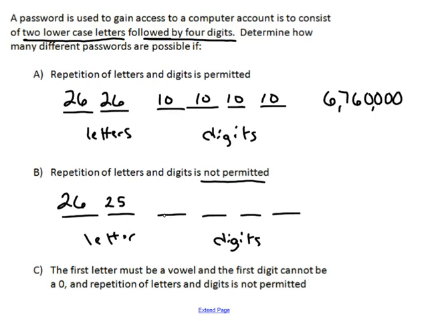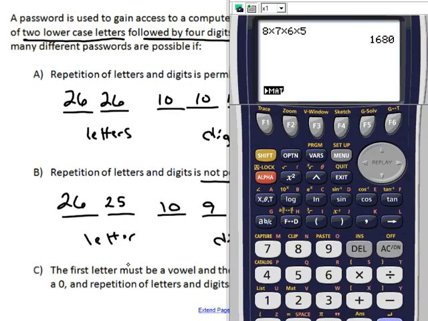Okay, now we go on to digits. Digits are not repeated in this particular scheme. So we have 10 choices for the first one, but then once you use a digit, you can't use that digit again. So that means you only have 9 choices for the next one, and then 8, and then 7. Okay, so let's go ahead and do this.